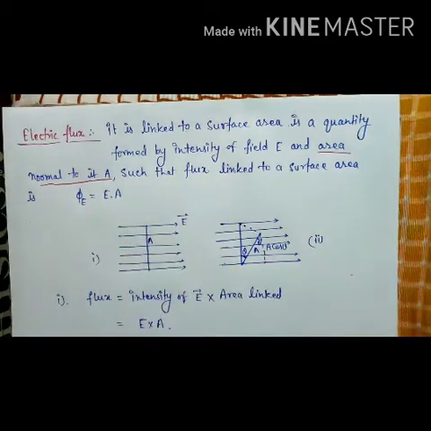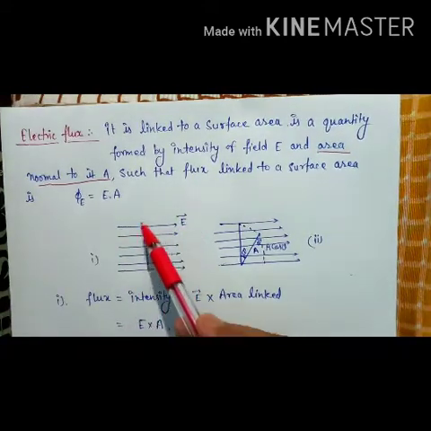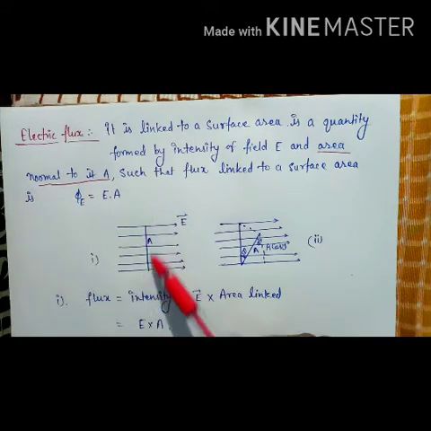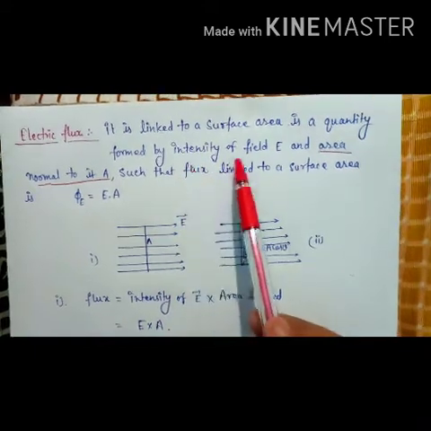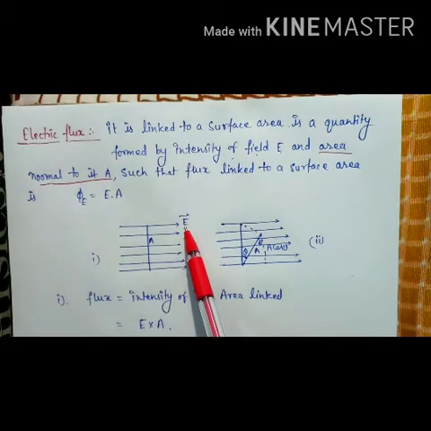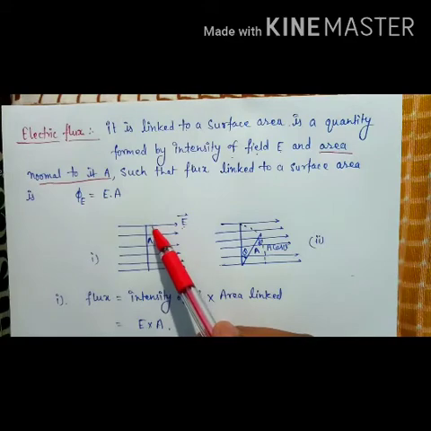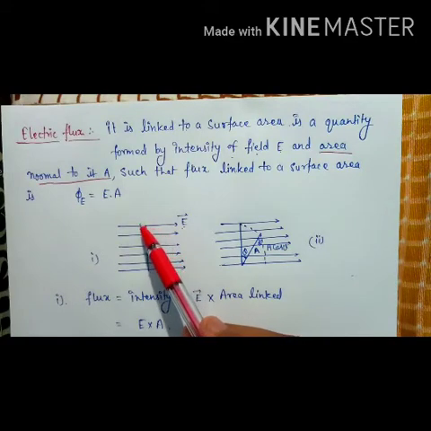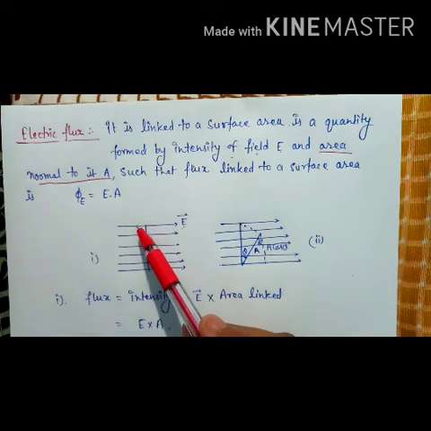Let us suppose we have a uniform electric field in this direction, and A is the area of a surface. By the definition, we have the intensity of field E and the area normal to it. Let us suppose this area is unit area and we count the electric field lines.